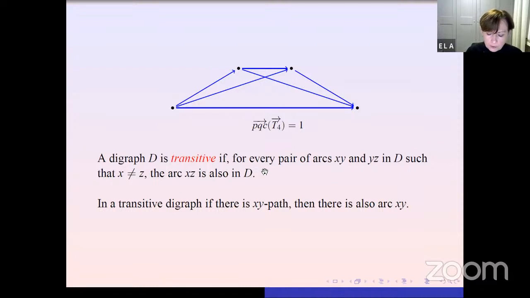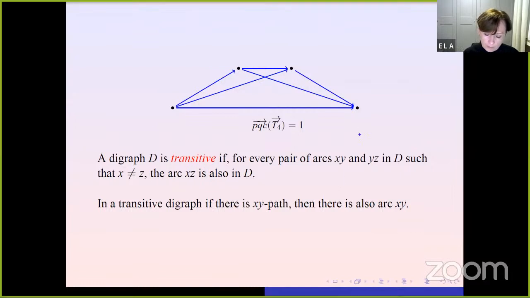Here is the definition: if for every pair of arcs xy and yz such that x is different from z, the arc xz is also in D. So if we find in our digraph arc xy and arc yz, then this arc from x to z must also be there.